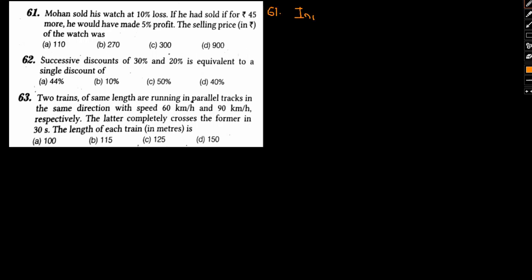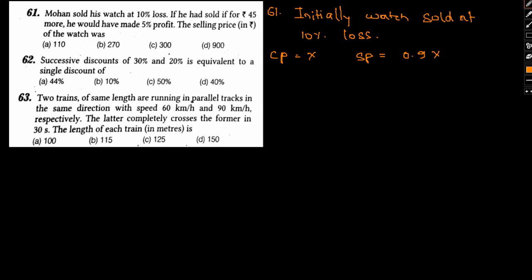Initially the watch was sold at 10% loss. So if I take CP equal to X, therefore SP will be 0.9x, because we have a 10% loss in this case, or 90% of X.